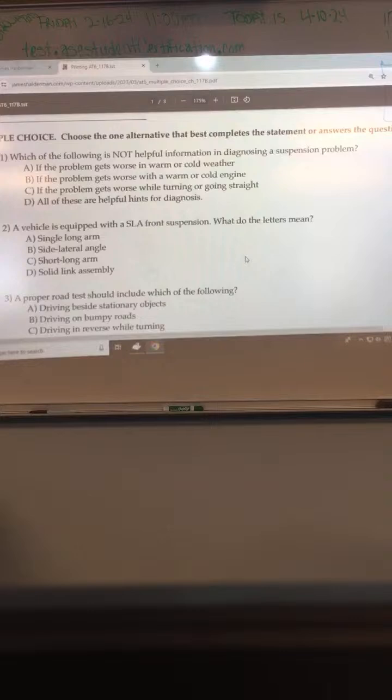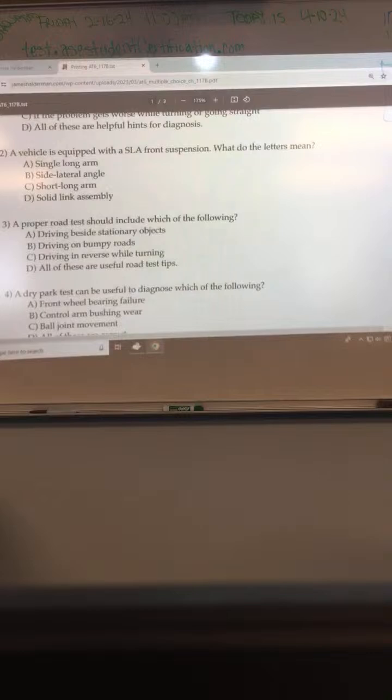With a warm or cold engine? Which one of these is not helpful? They all are. Sometimes when it says which of these is not, the answer is, well, all of them are, so there's not one that isn't.